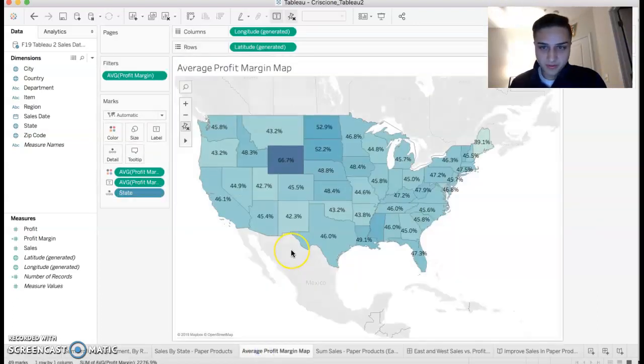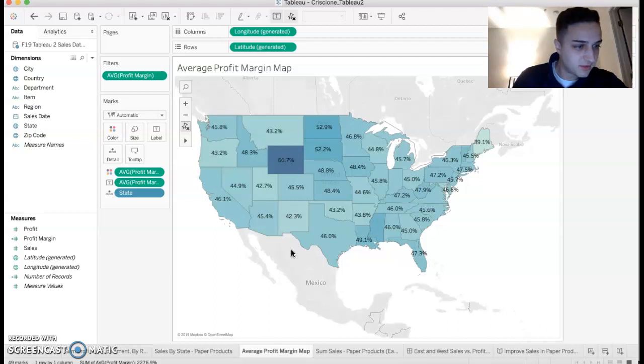So now we're gonna go to the next sheet, which is average profit margin map. So this sheet shows a map of the average profit margin by state. I wanted to look at this to see which regions had the highest average profit margin. I was hoping that this would provide an explanation of why the East and West regions have such higher profits.